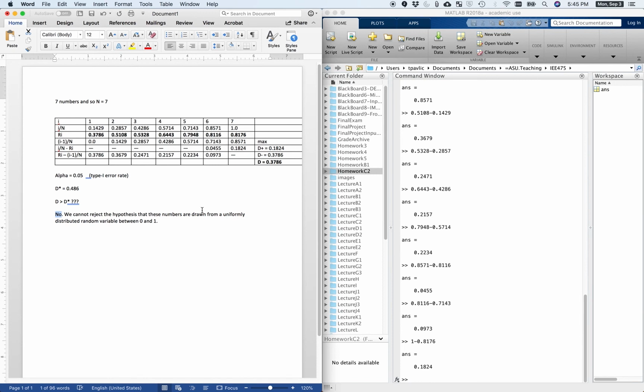All right, if we look back at what the homework asks, I've got the homework up here on another screen, and I think I asked you to do a little bit of interpretation. I said, comment on whether you can infer from this result that the PRNG is a good approximation of a uniform random variable.